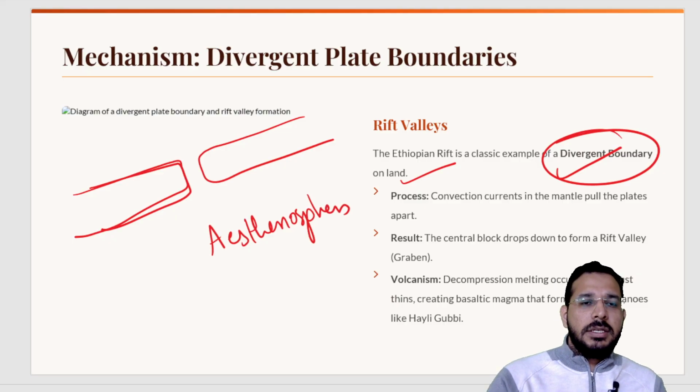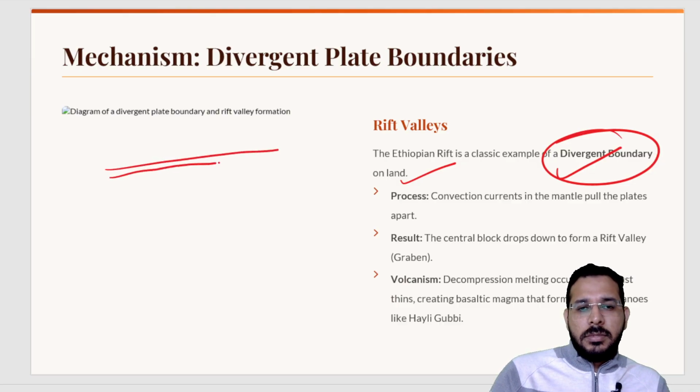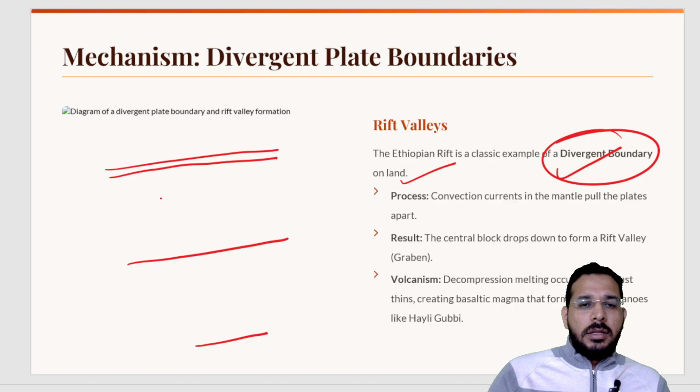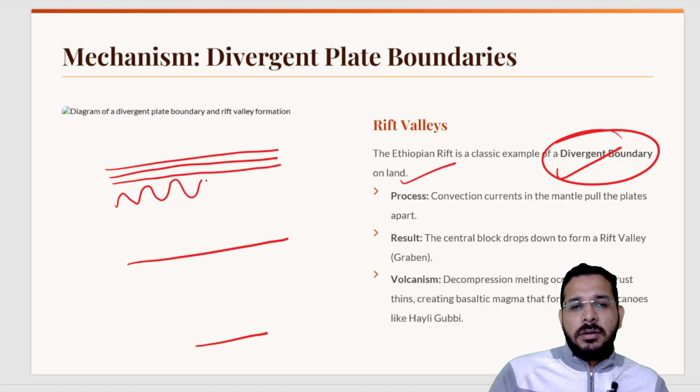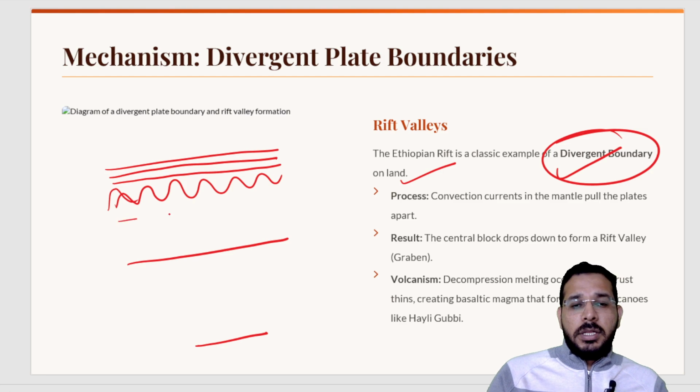If we look at the earth's interior structure, we have the crust of the earth, then the mantle, then the core. The upper part of the mantle is called the upper mantle. Then here we have the asthenosphere, where the rock is semi-molten or fluid. Then this is the lower mantle, which is solid.